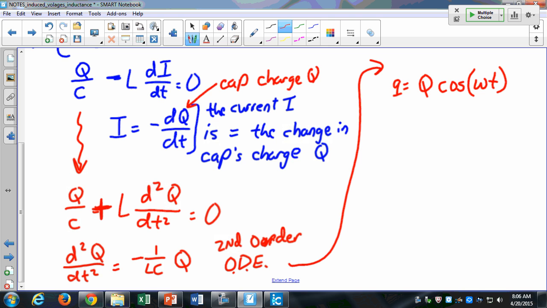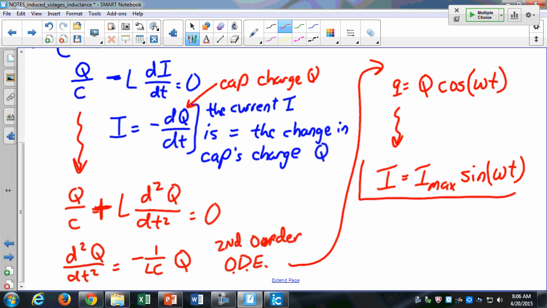I'm not going to go through it here, but we'll get a function for I that's equal to I max times sine of omega t. And so that's going to be our function for the current in my LC circuit. It's going to oscillate as a sine function.